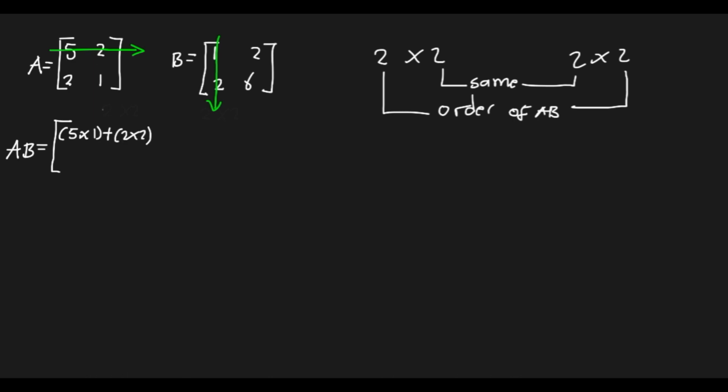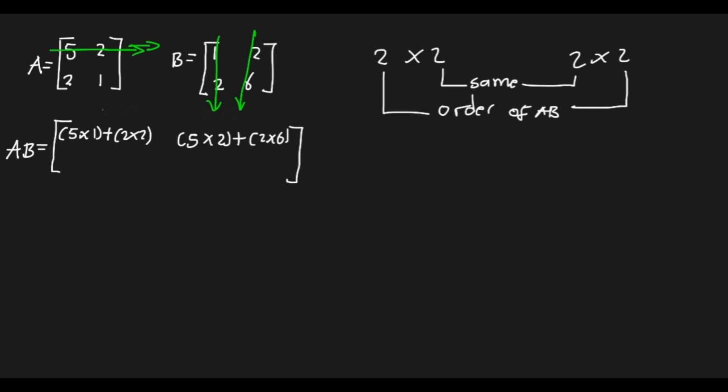We are done with the first column of the second matrix. So we can now move on to the same. This row will multiply now with the second column. So this time the 5 will multiply with the 2 plus the 2 times 6. So now we have the picture on how to do the multiplication.